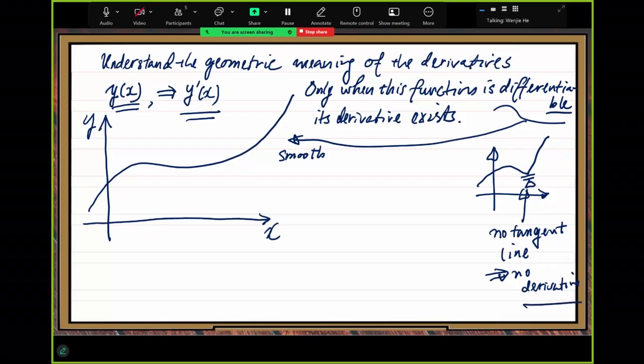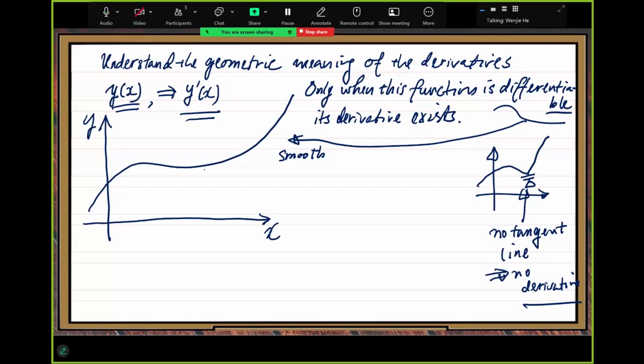So the geometric meaning of the derivative is related to the tangent line. This curve, visually we can see it's very smooth, so there is a tangent line everywhere. At every point on the curve, you can draw a tangent line.